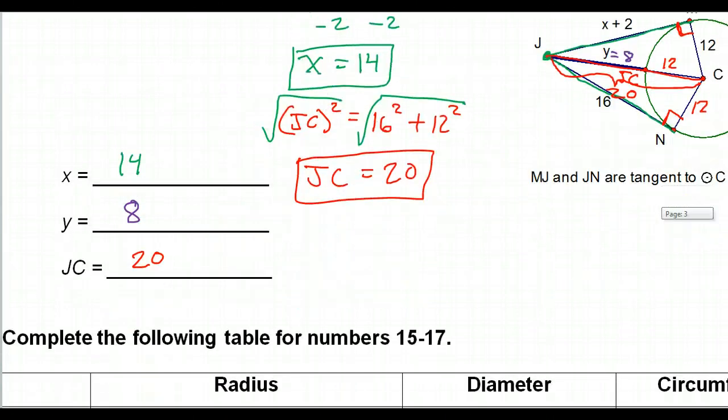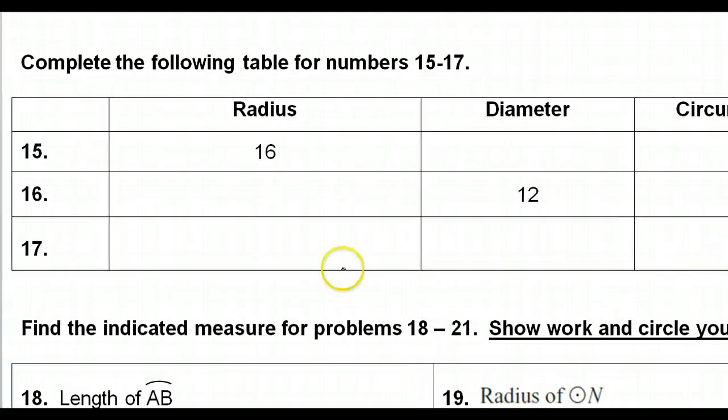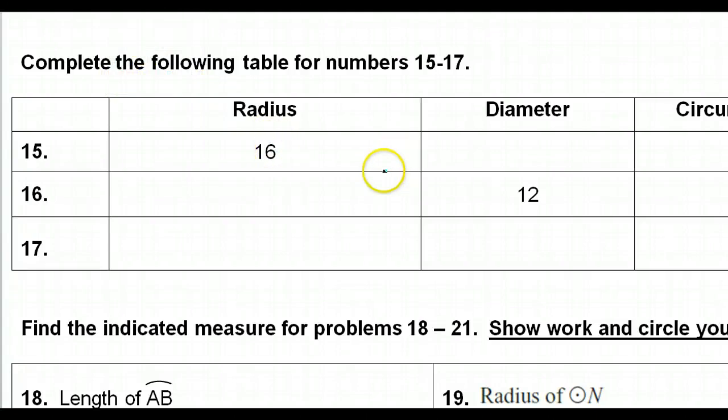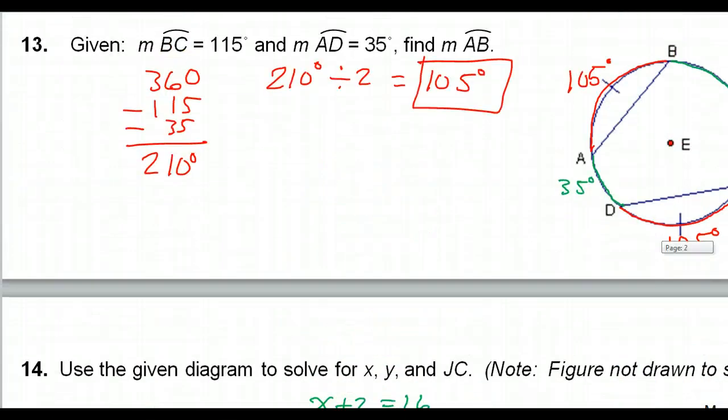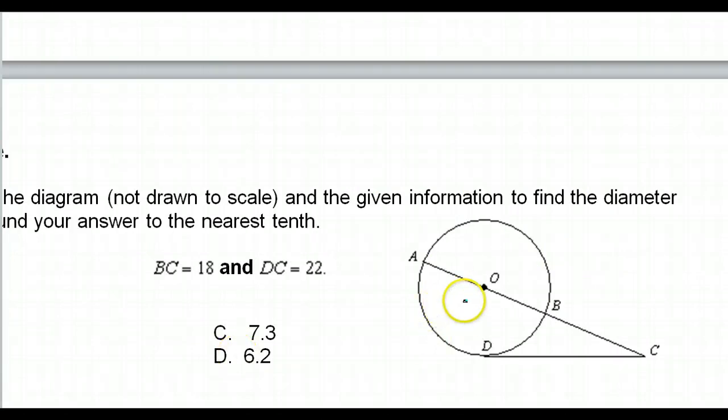Alright, let's move on to number 15, 16, 17. I guess they all go together. This will be really easy. We know the relationship between a radius and a diameter, right? Using this picture as an example, this is the radius, and this whole thing is the diameter.